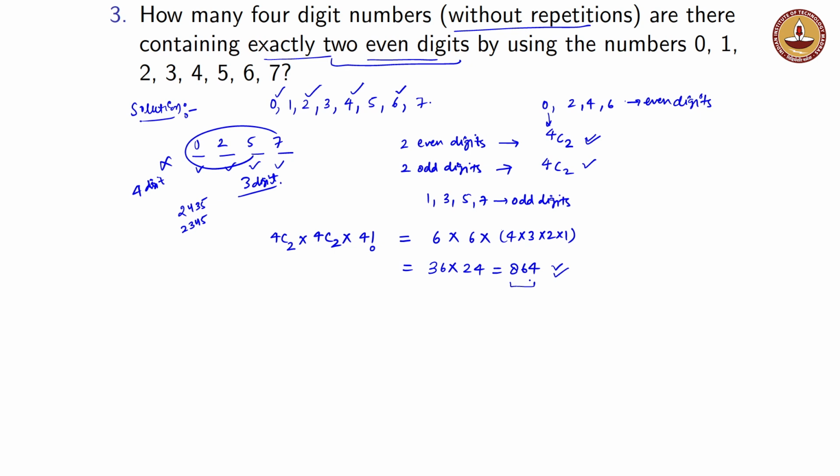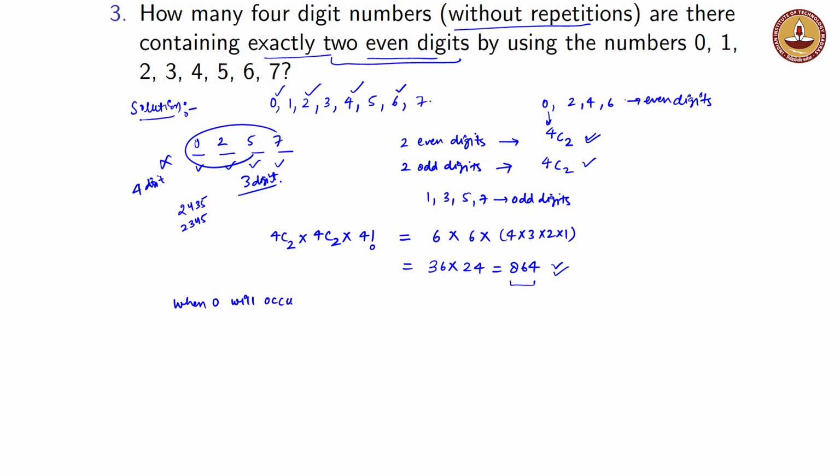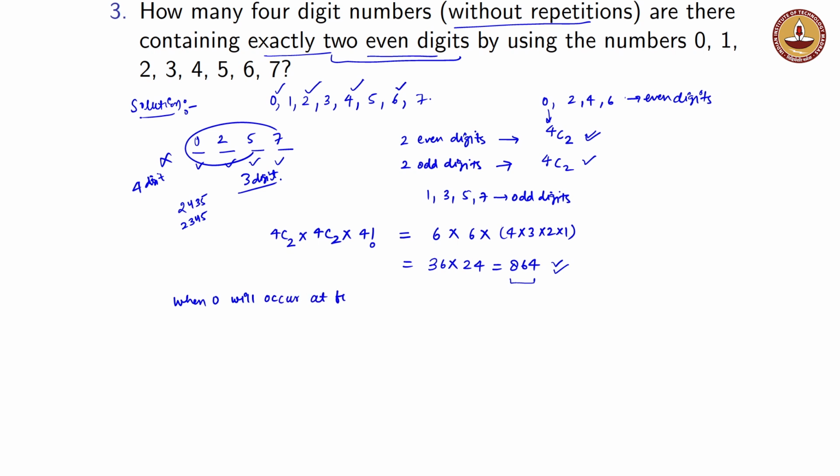So what we will do is subtract the case when 0 will occur at the first place, because when 0 occurs at the first place, it will become a three digit number.